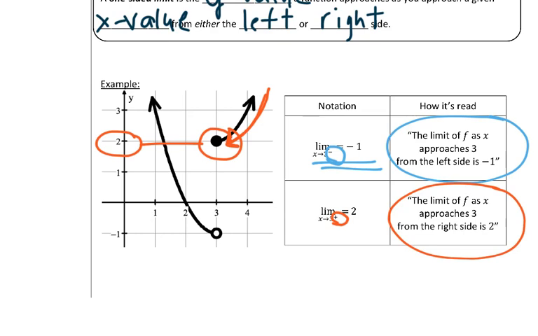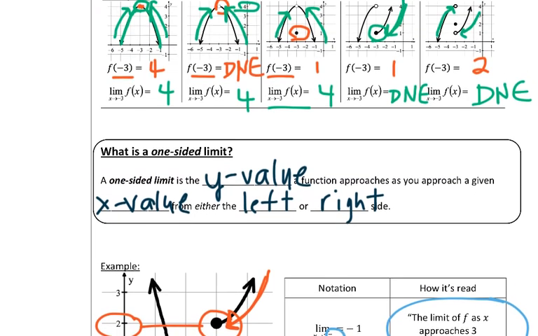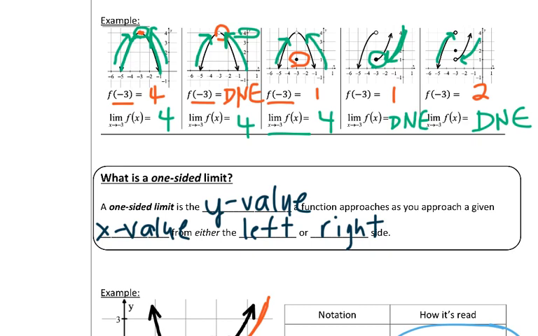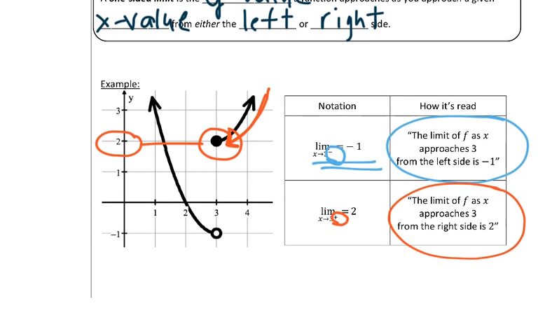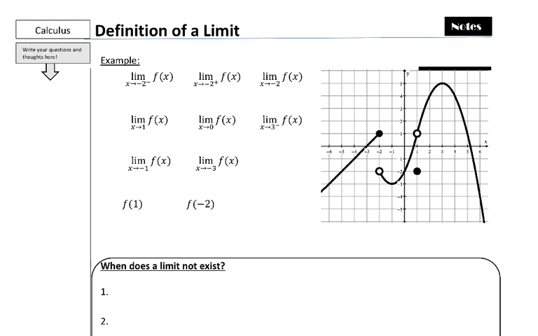All right, and the reason why we do this is because as you can see from above, the limit may not exist, or the left side and the right side may approach different y values, so it's important to be able to understand this notation. So let's just do a few examples. So here's our graph, and let's try to see if we can compute all of these here.